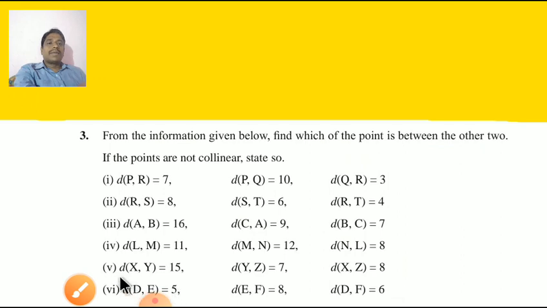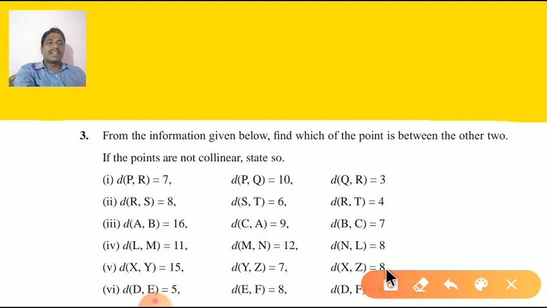In this way, the fifth example: XY is equal to 15, YZ is equal to 7, XZ is equal to 8. Now the largest number is 15 and adding the remaining two numbers, 7 plus 8, is also 15. Hence X, Y and Z are collinear points, X and Y are the end points and the remaining point is Z. Z is between X and Y. In this way, the last example: DE is 5, EF is 8 and DF is 6.